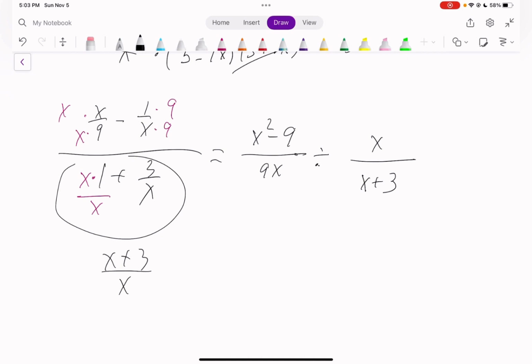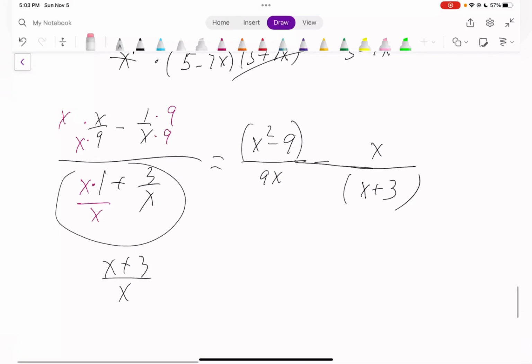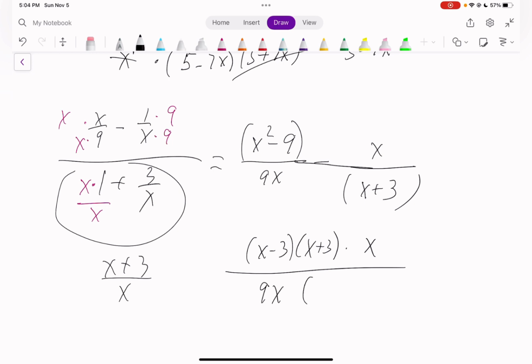Since I flipped, then it's going to be multiplication, by the way. Okay. And I'm getting, so x squared minus 9, it's going to be a squared minus b squared, right? X minus 3, x plus 3, times x. Here I get 9x times x plus 3.